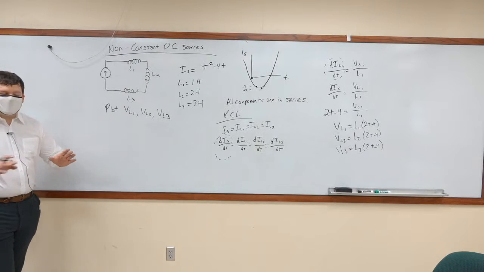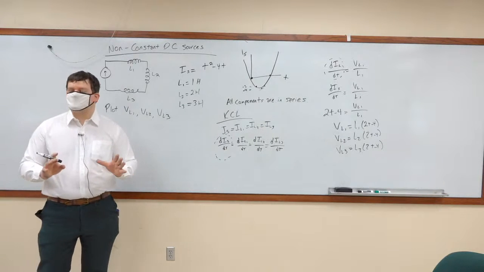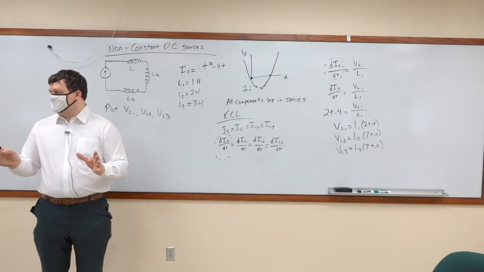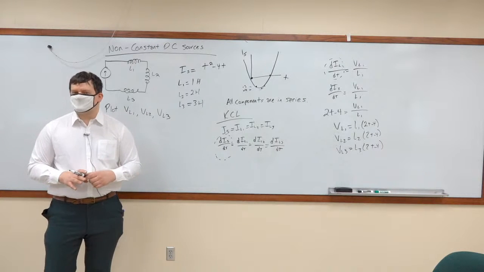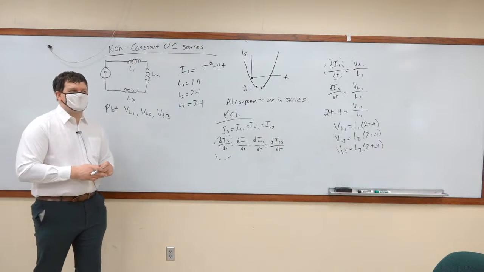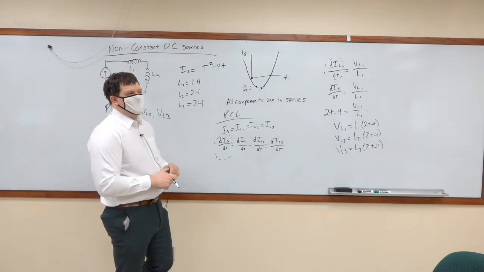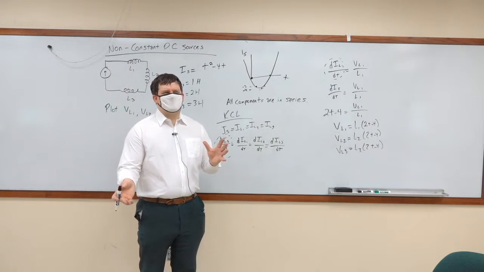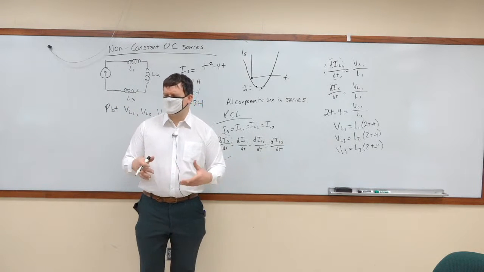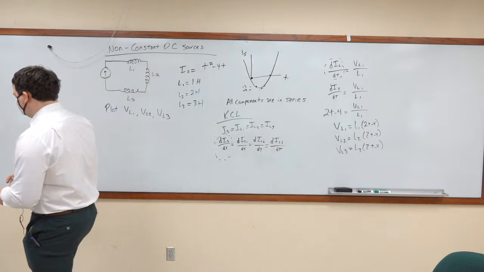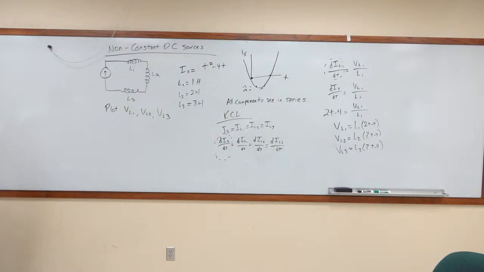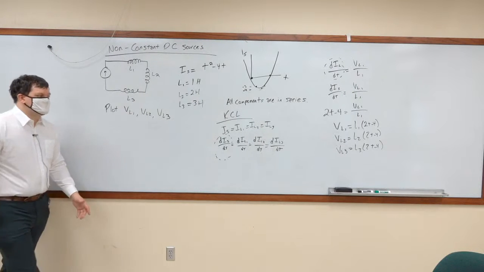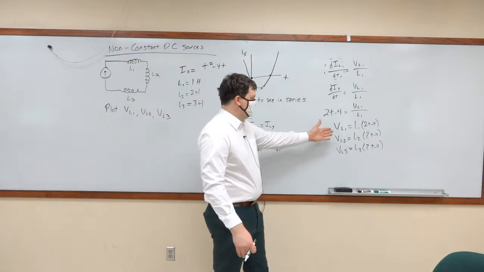Especially for very simple power circuits. Not nearly as true when you get into high order systems where part of the circuit is oscillating and part of it isn't. Then it gets a little weird. But for simple power circuits like this, all of the components have a relationship with each other. All of them have the same driving time function.